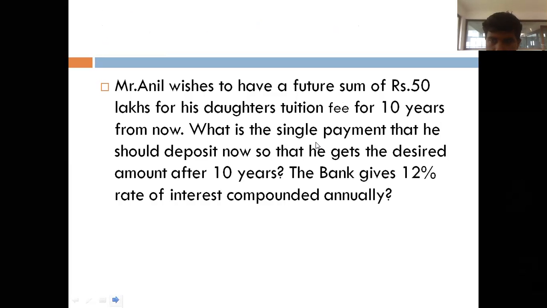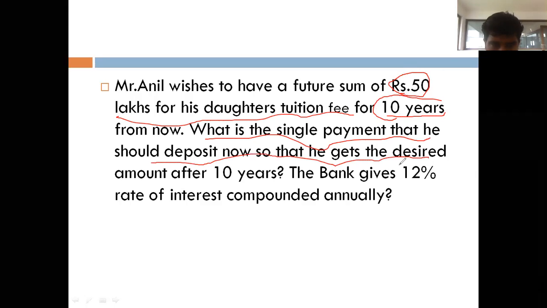So this is one question. Anil wishes to have a future sum of 50 lakhs for his daughter's tuition after a period of 10 years. What is the single payment that he should deposit now so that he gets the desired amount after 10 years?